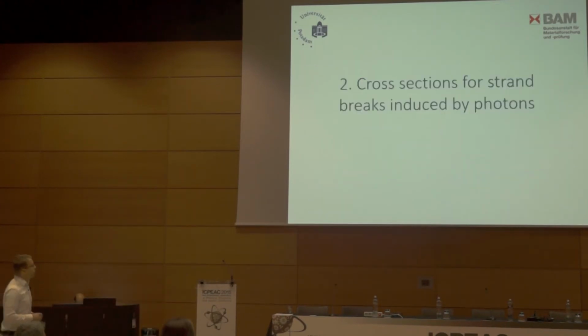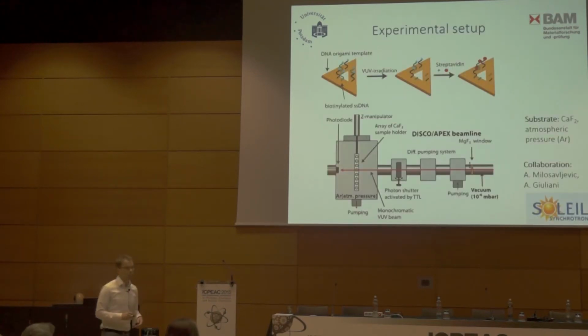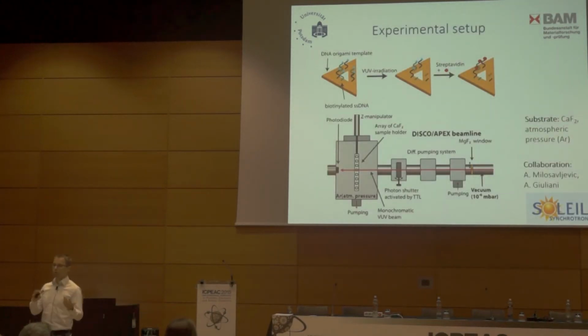So we now applied the same strategy to study the interaction with photons, photons in the vacuum UV region around the ionization potential. So we used actually the same technique as before.